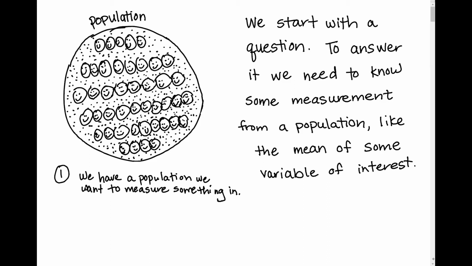Whatever that dependent variable is, that we want to know more about, are there differences here, or is there something interesting going on with it? We need to find a way to measure it first, right? In order to answer some questions, we have to have measurements. So we have a population, that's the whole big group of people we're interested in, and we want to measure something in that population.